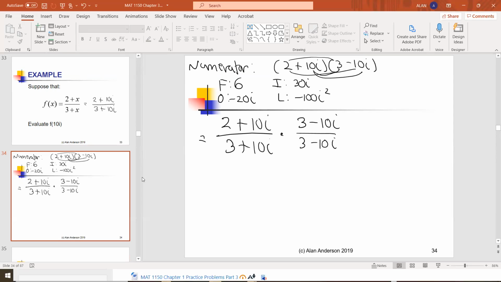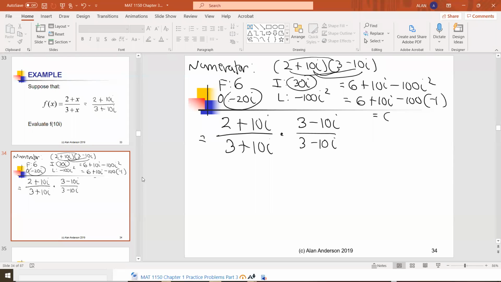When you consolidate those, you'll have 6. Now, these two don't cancel each other out, but they do combine to give us 10i. And of course, we know what's happening here. i squared is -1, which means you actually are adding 100 here. So you end up with 106 plus 10i. That's our numerator.